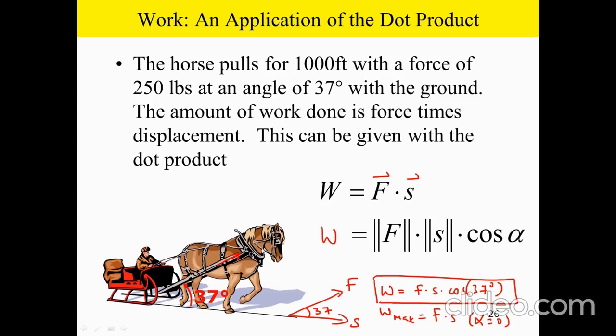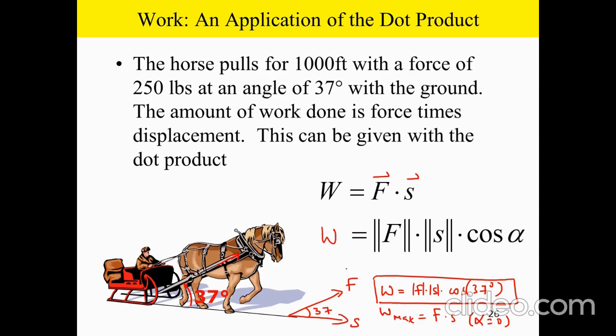For example, you have a horse here pulling a cart and a man, and the angle between the displacement along the snow and the application of force is 37 degrees. So your work done will be the magnitude of f times the magnitude of s times the cosine of the angle between them, which is 37 degrees.